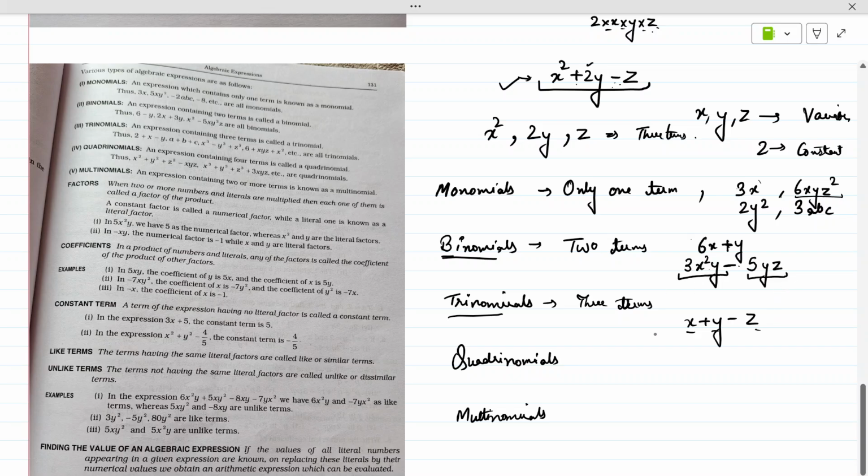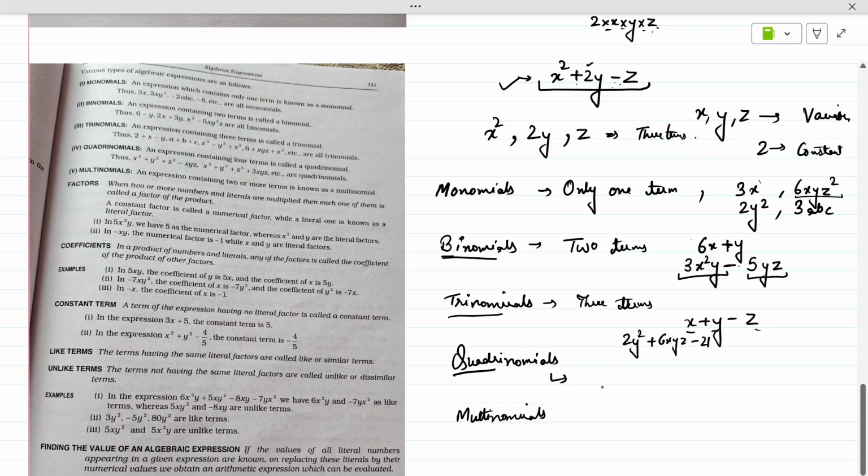Another example I can take is, let's say, 2y square plus 6xyz minus 21. This one is also a trinomial because we have three terms which are separated by the operators. The last one is the quadrinomial.